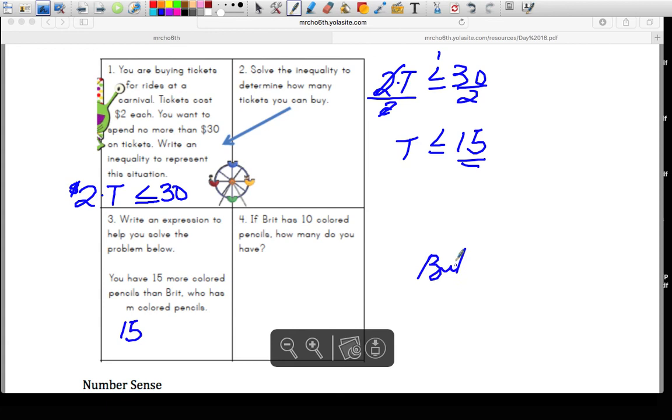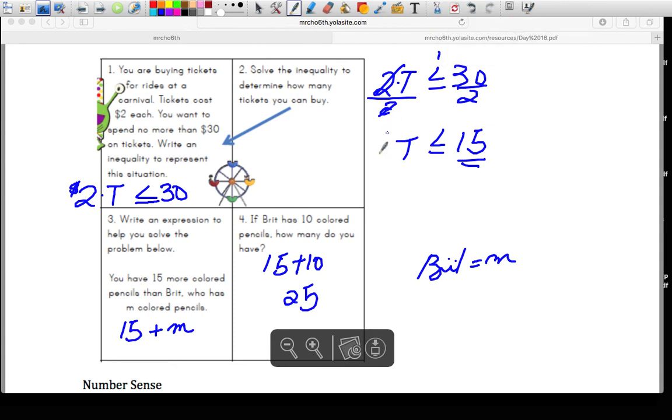Brit has M. So whatever she has, I have 15 more than M. If Brit has 10 pencils, how many do you have? Well, if she has 10, I can replace M with 10, so it would be 10 plus 15, which gives me 25. Okay.